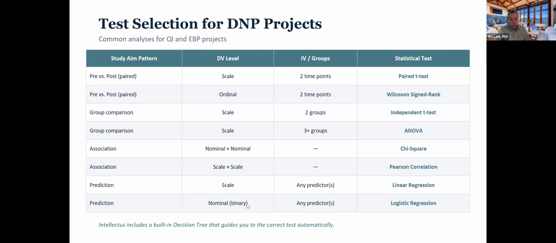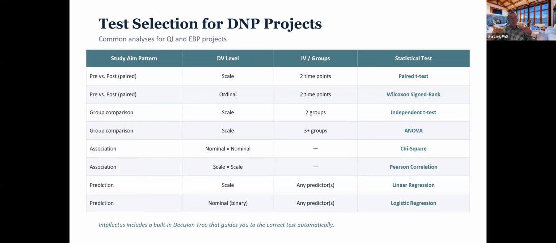I've only listed two regressions, but the key to selecting the type of regression is the outcome variable, the dependent variable, the criterion variable, again, all synonymous in my brain. When that outcome variable is scale, we're in linear regression.